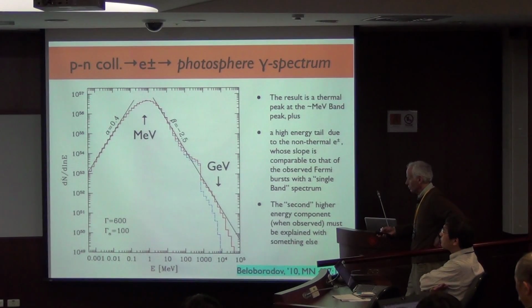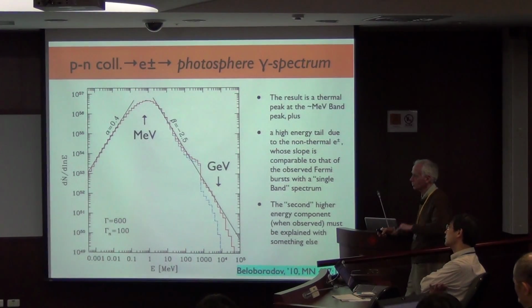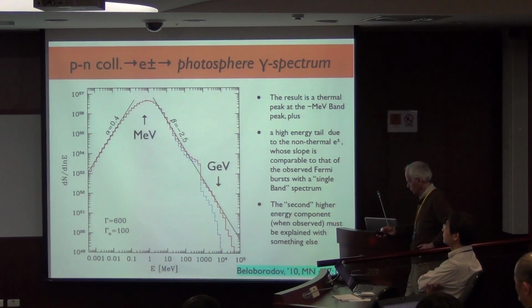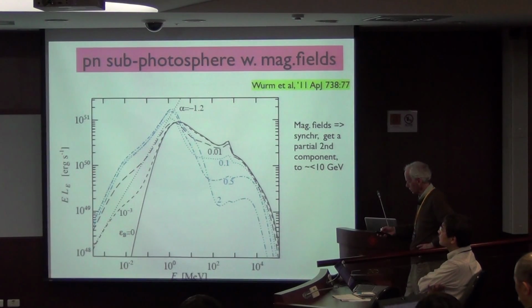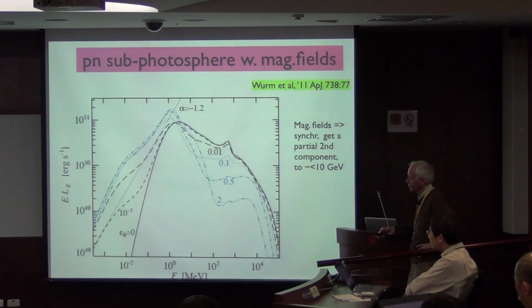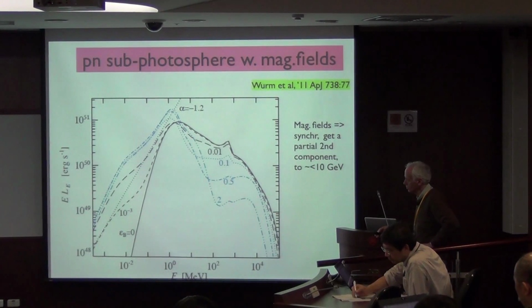What about the extra spectral component that Fermi sees? Well, this was a calculation where magnetic field effects were completely ignored for simplicity. But if you include magnetic field effects, then you get synchrotron radiation, and the synchrotron radiation gets upscattered, and so you get something that starts looking like a second component.